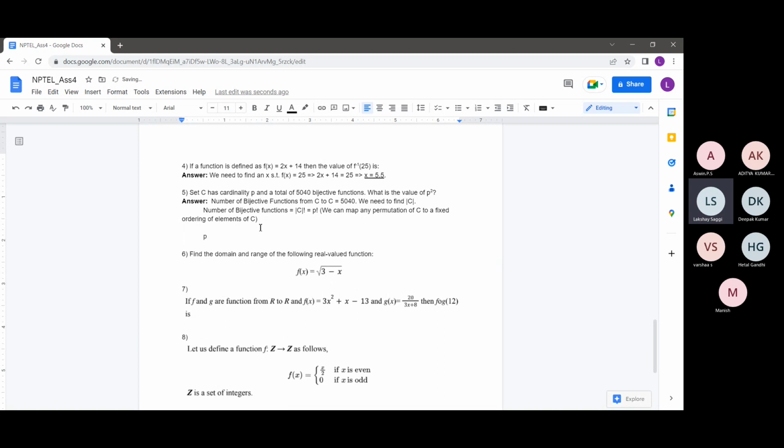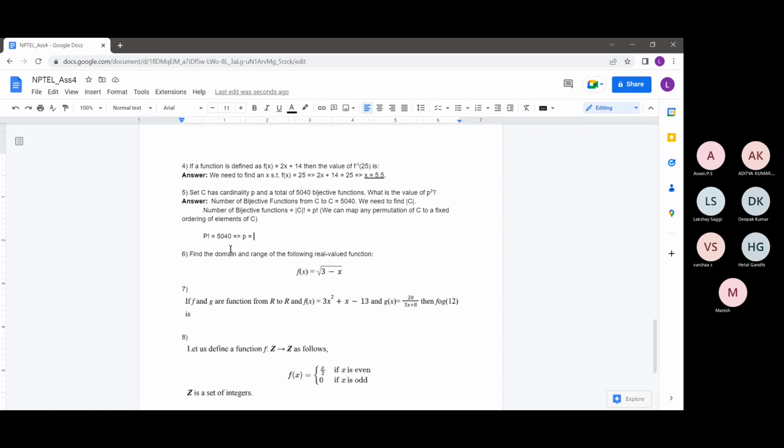So basically, you get that P factorial is 5040, and from that it's a straightforward calculation: what is the value of P if P factorial is 5040? I don't remember, so maybe I'll just work it out. 5 factorial I remember is 120. So 6 factorial is 720.